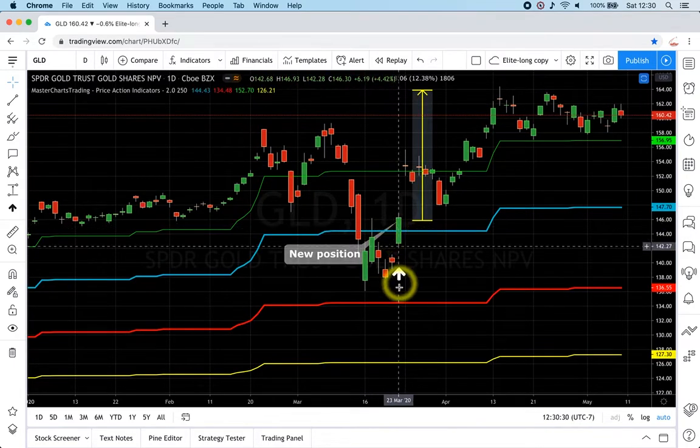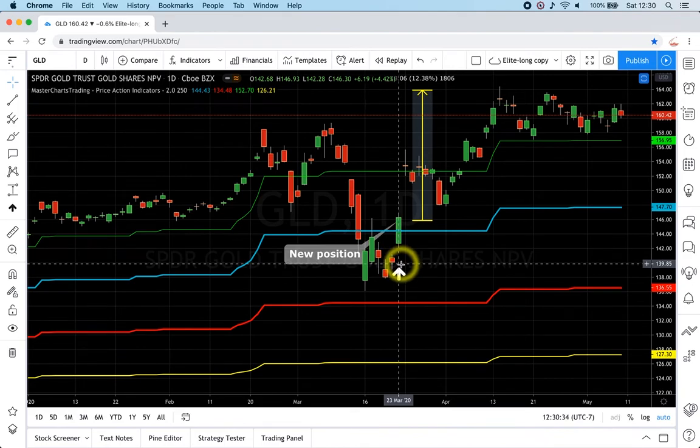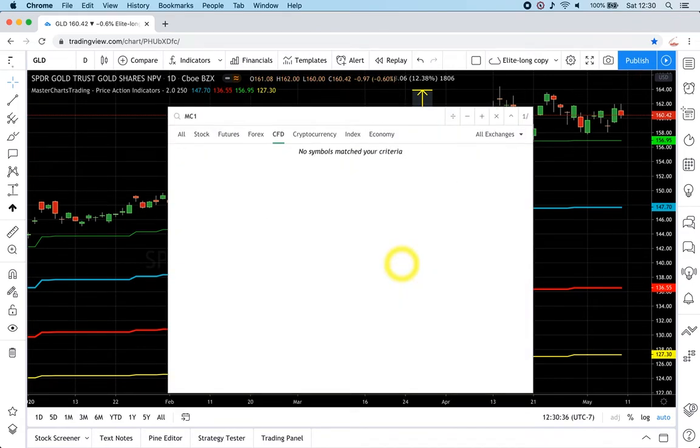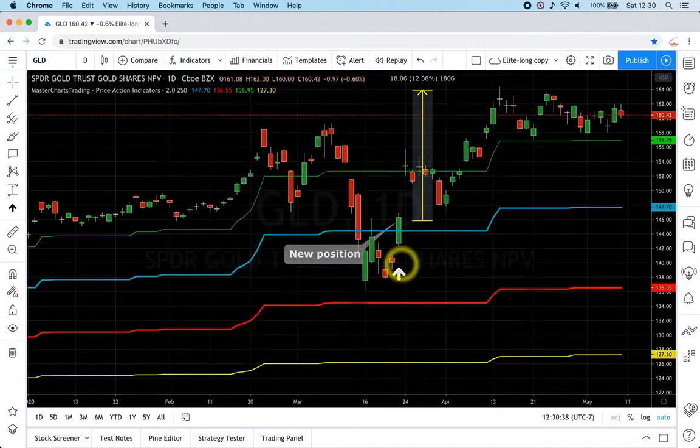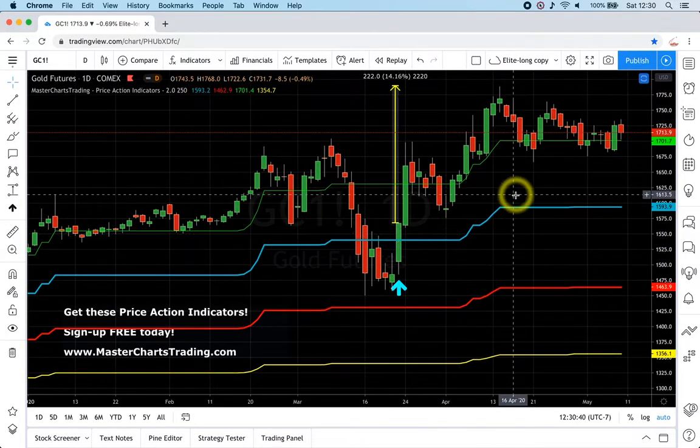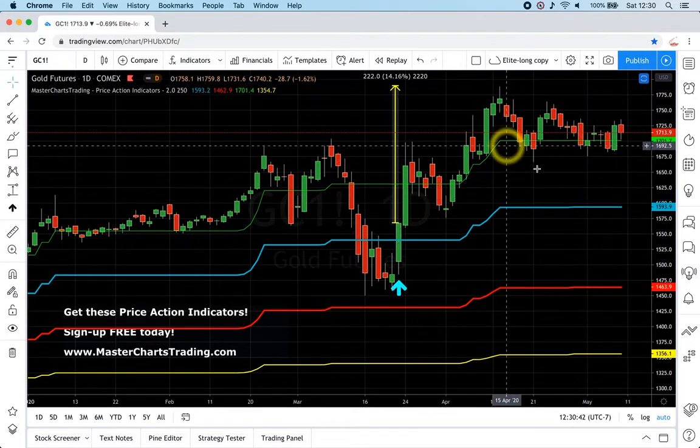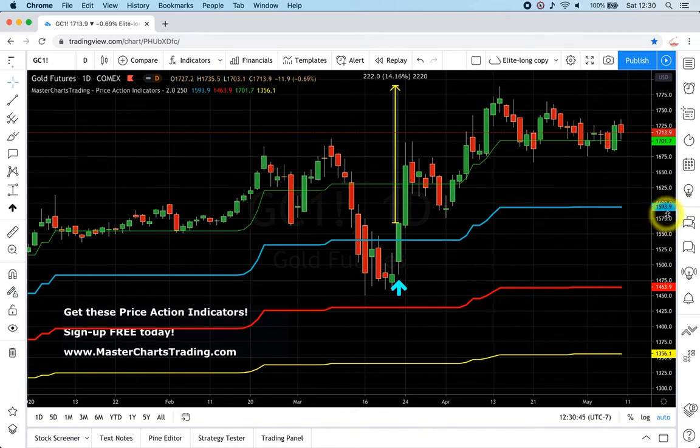Here's GLD. I opened it on the 23rd of March. So gold in an uptrend. If it comes down to, let's say, currently 1593, this blue line right there, then I would be interested in buying it again, rather.